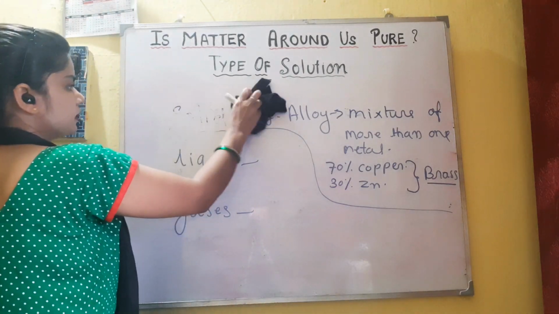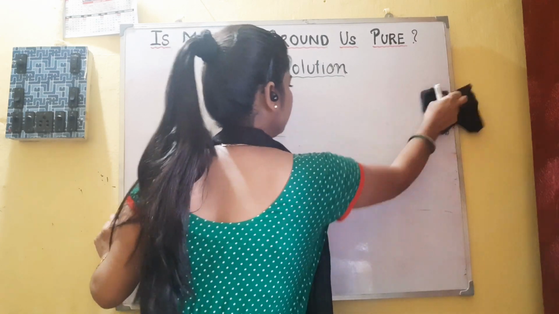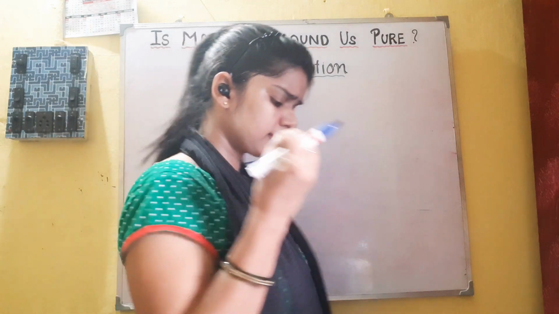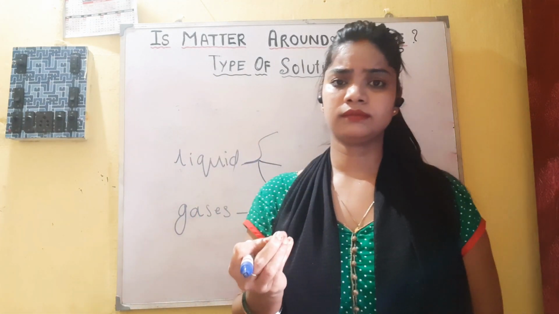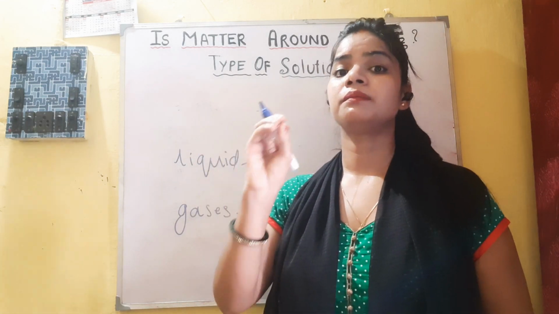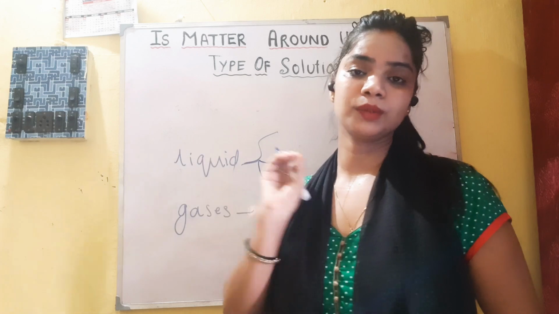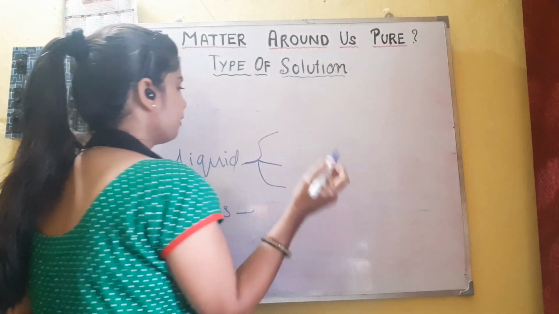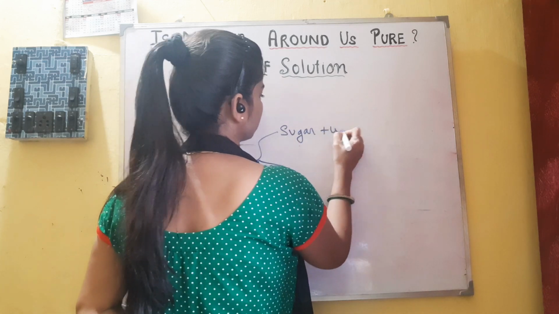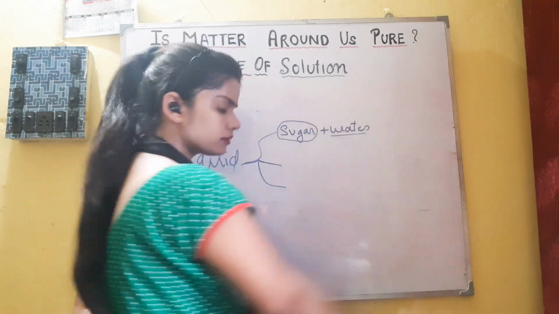Now in the case of liquid solution, we can make a solution by putting solid into liquid, liquid into liquid, or gas into liquid. For example, when we mix sugar in water, we are mixing solid in water.